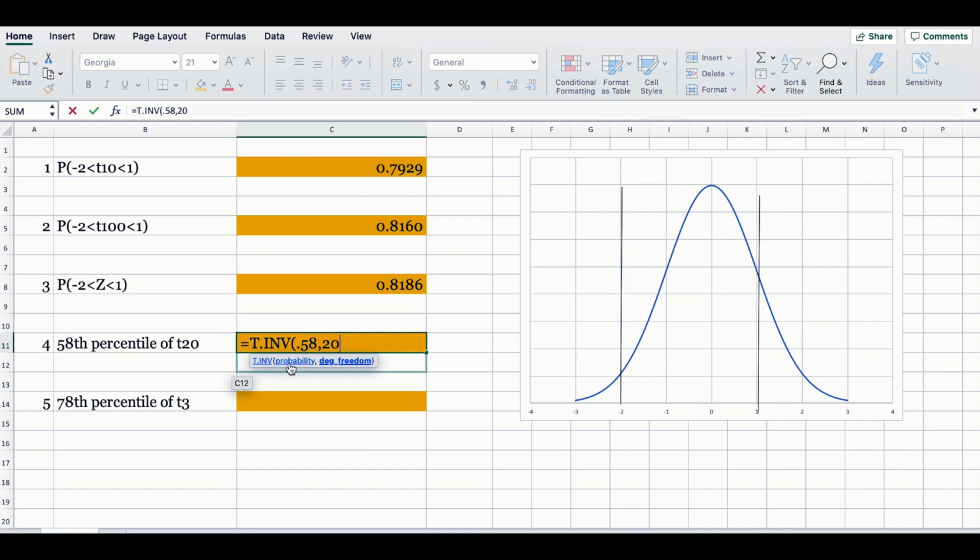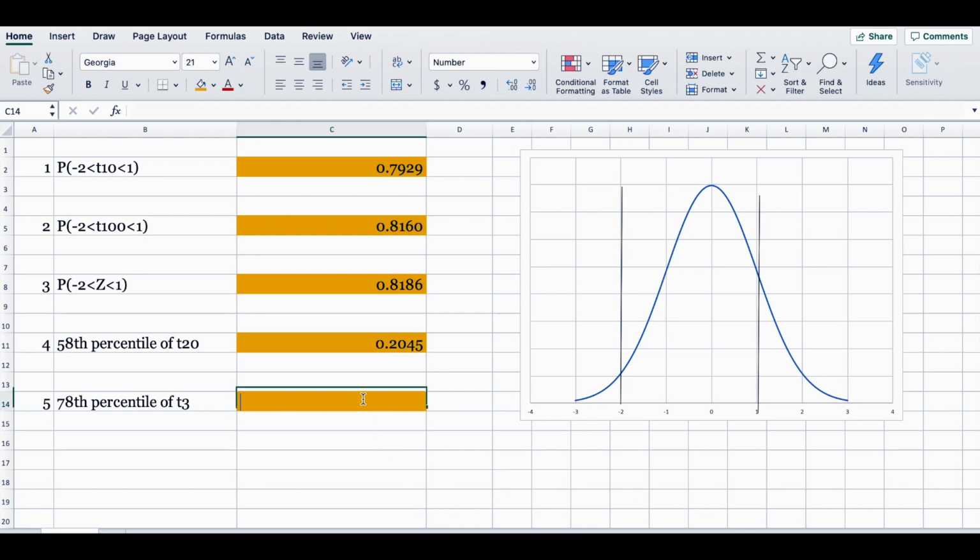Here you're going to put 20 degrees of freedom. So the 58th percentile for t with 20 degrees of freedom is equal to 0.2045.